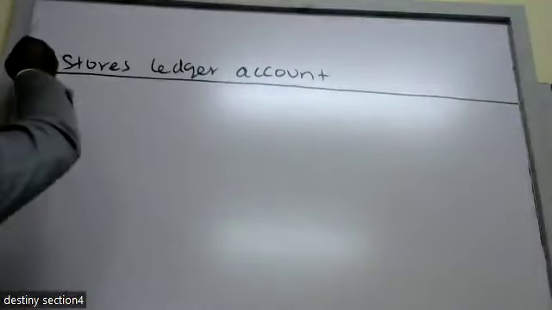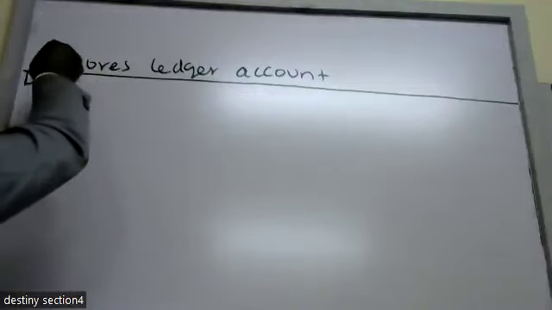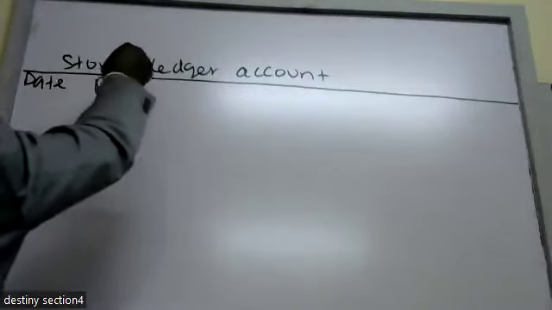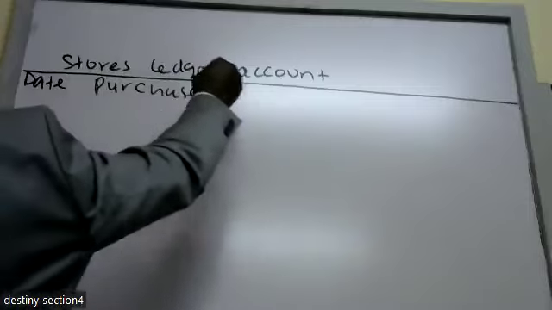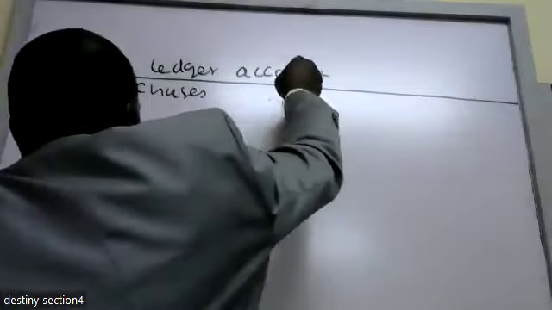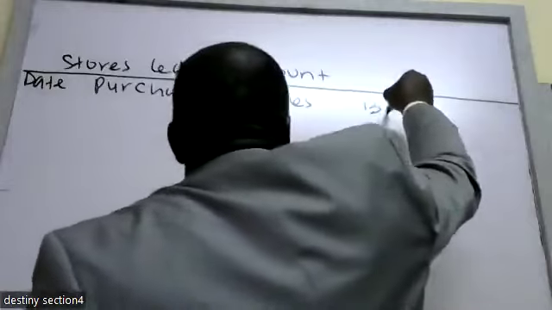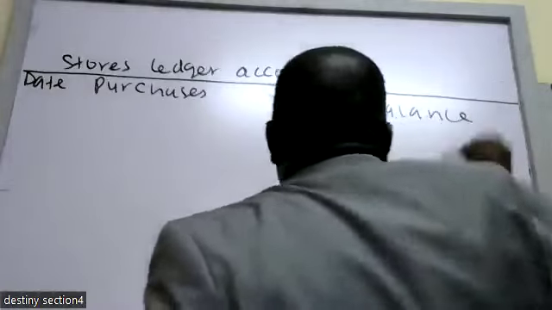So where you will be having the debit, then purchases, then the sales, then also the balance.